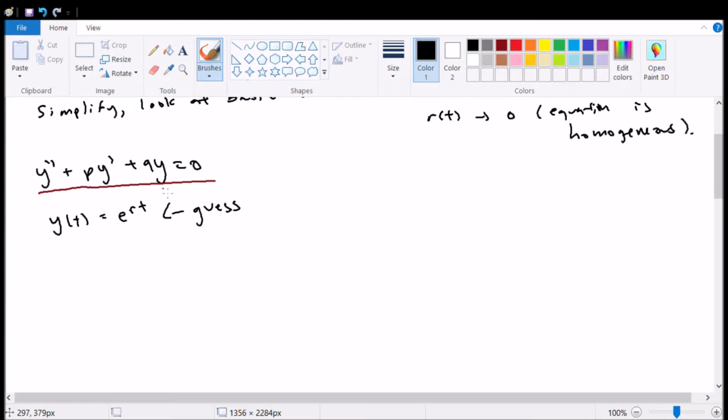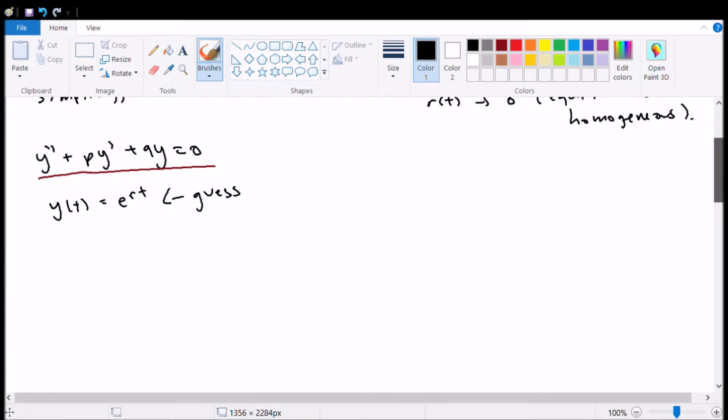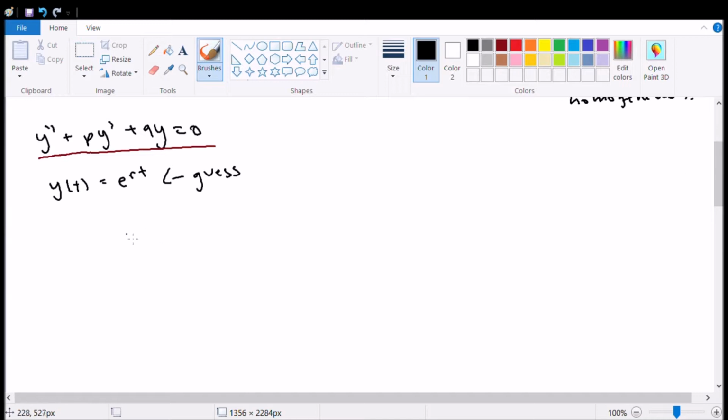Okay, so if we plug in e to the rt for y, we can differentiate. So e to the rt double prime would be r squared e to the rt. I'm just differentiating this by plugging it into here.